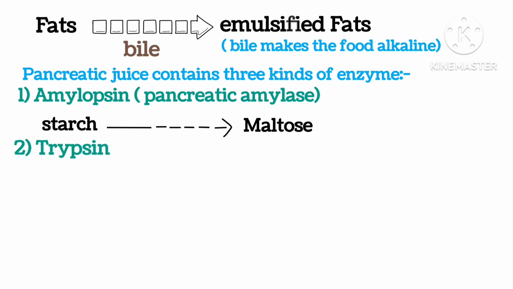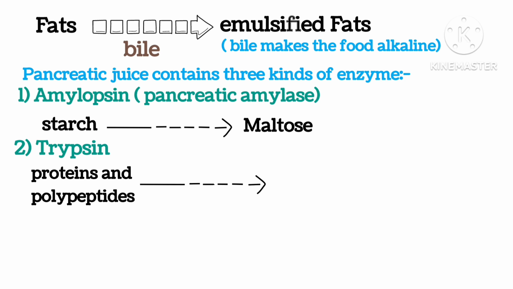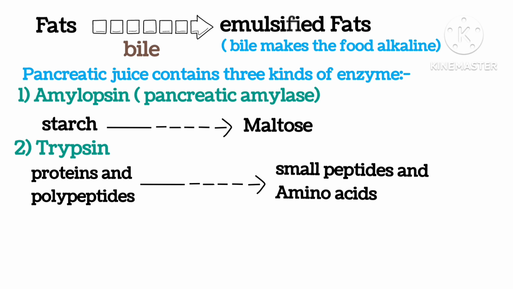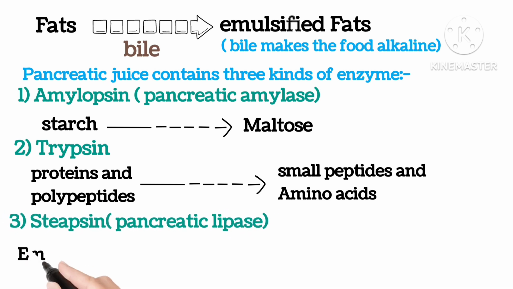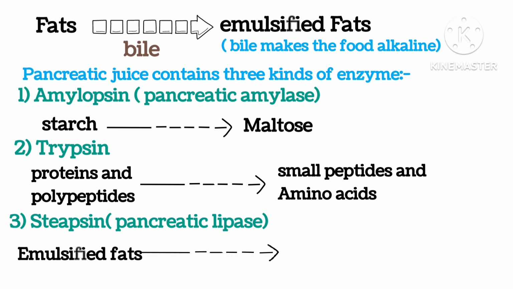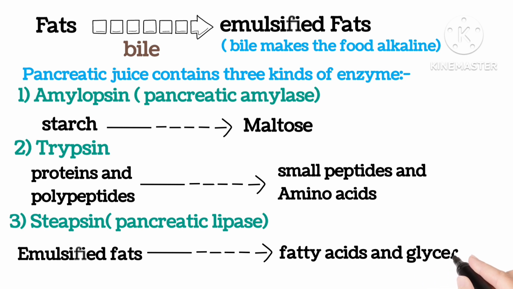The second one is trypsin. It converts the protein and polypeptides into small peptides and amino acids. Third is steapsin or pancreatic lipase. It converts the emulsified fat into fatty acid and glycerol.